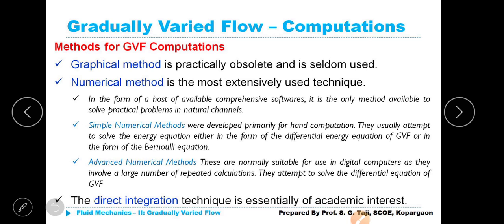Hence, first we shall deal with all these in quick time, and then we will go to the direct step method and its detailed procedure: how GVF computations can be done to know the total length of a particular profile in a particular zone, depending upon the structure constructed across the river, and how far, up to what length, it affects the land.